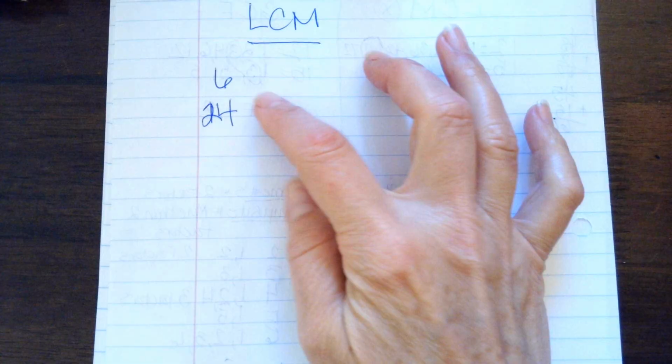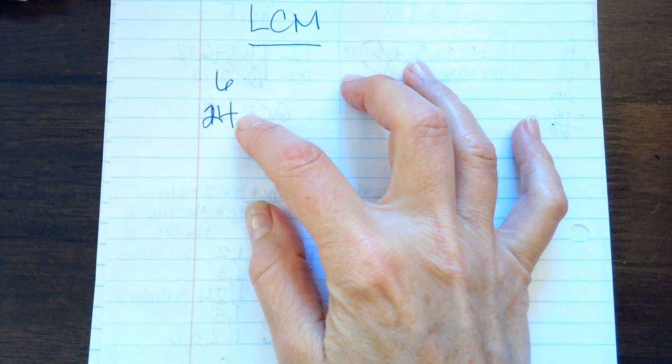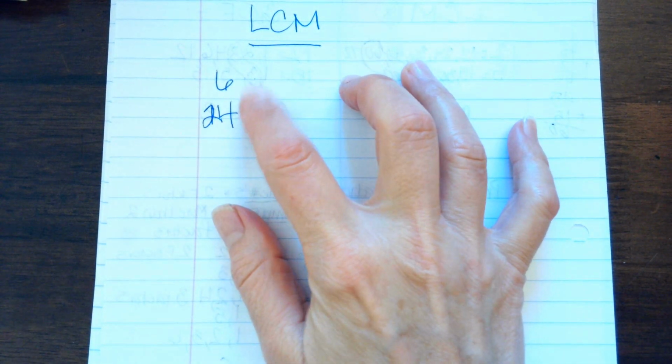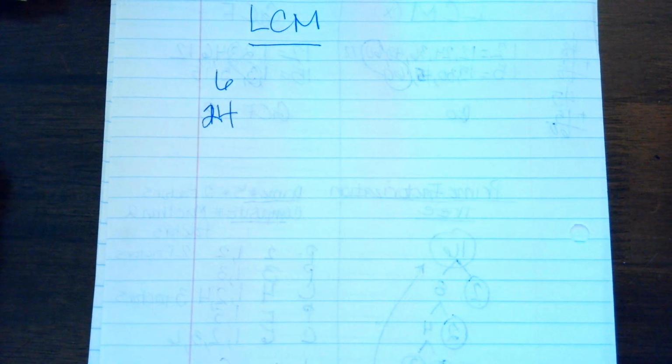Yeah, the same number, the smallest number that 6 and 24 have in common when you're counting up by that number. Can it be 24? It can be 24, whatever the lowest number is.